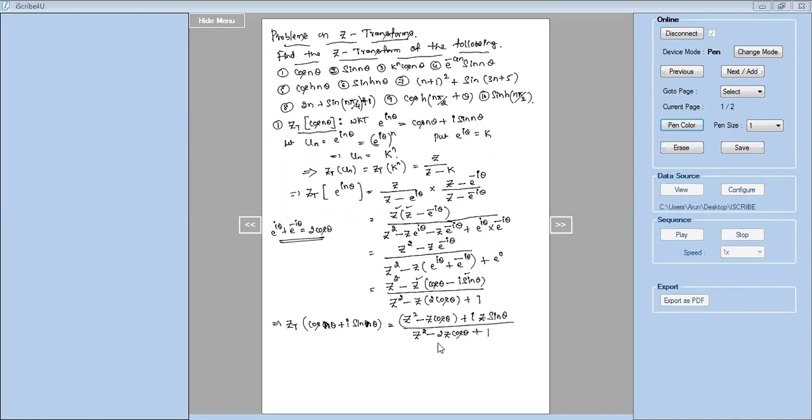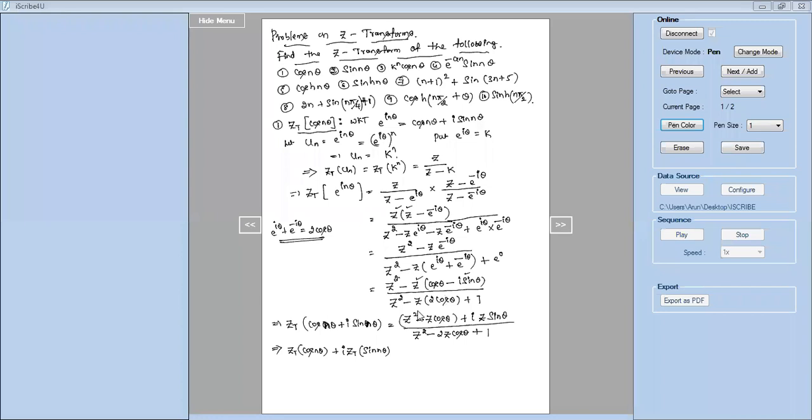Let us separate real and imaginary parts. If I separate real and imaginary parts, we get the z transform of cos n theta plus I into the z transform of sin n theta on the left hand side, which I'm splitting here, equal to the right hand side.